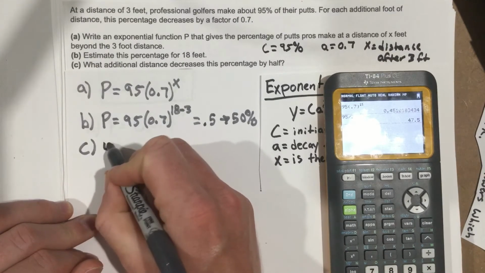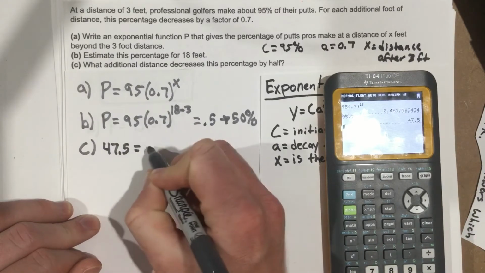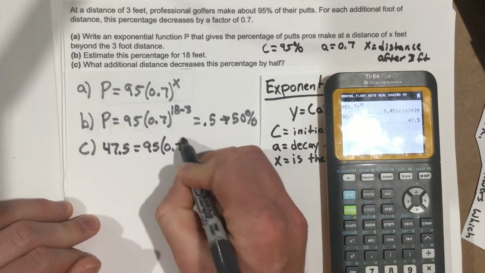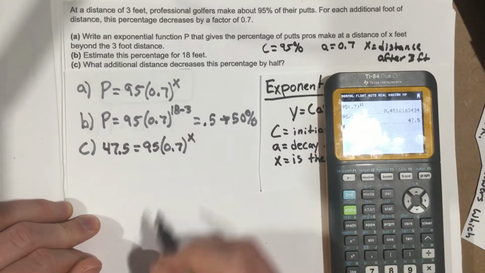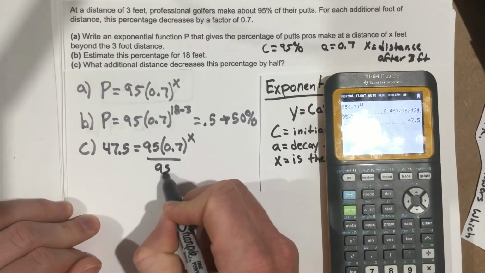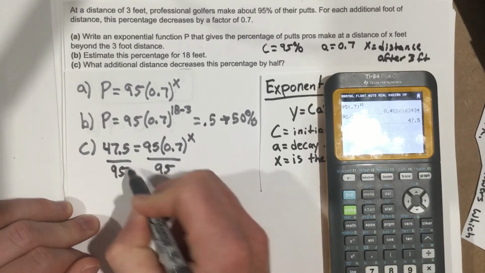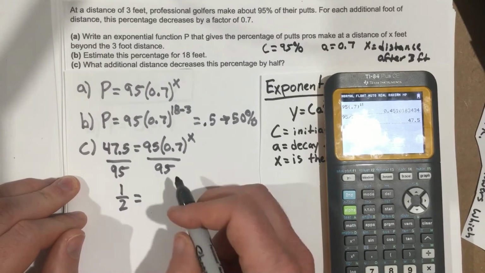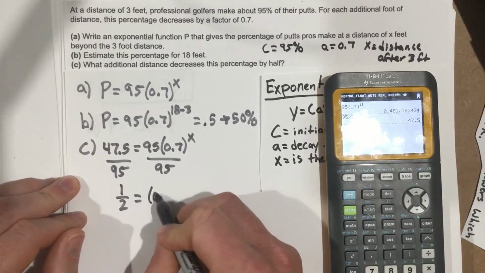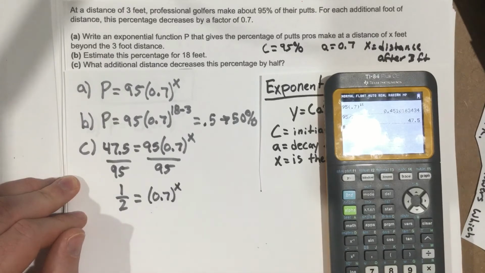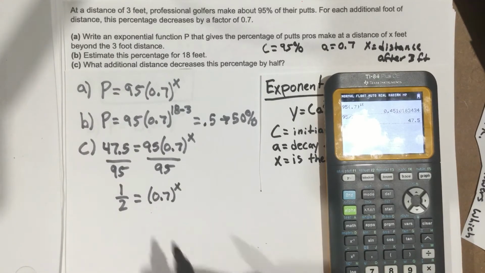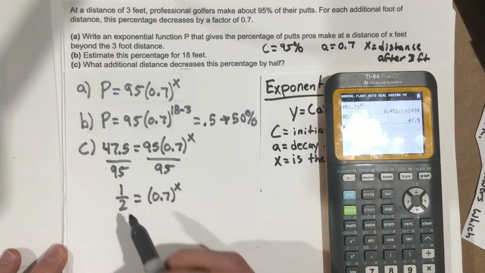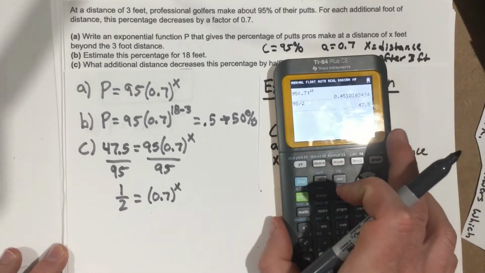So we're going to say 47.5 equals 95 times 0.7 to the x. And then we're going to divide each side by 95. And that'll give you 1/2 equals 0.7 to the x. Now at this point here, we haven't learned the tools to solve this equation. So let's actually solve this graphically.